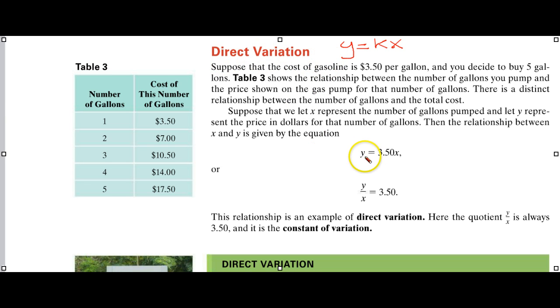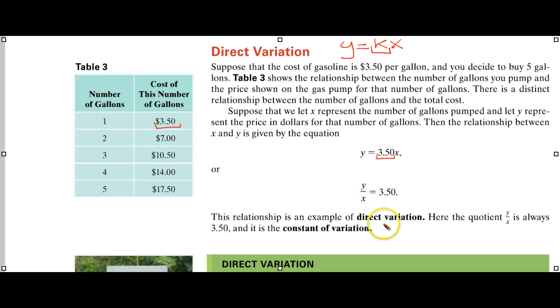So you could write it, in a sense, your constant of variation here is what 1 unit costs, which is $3.50. Now later there's going to be another kind of variation, but we'll get into that a little later.